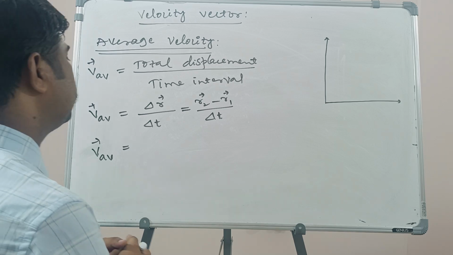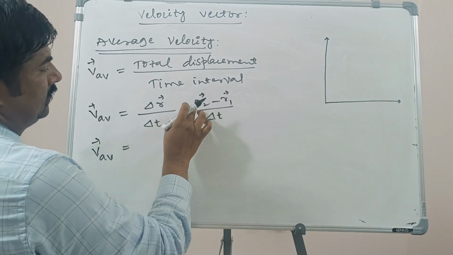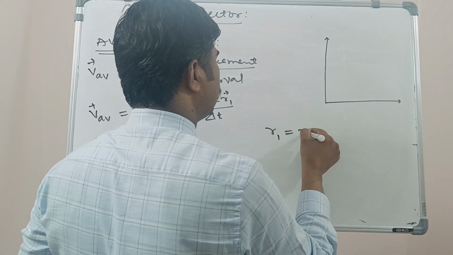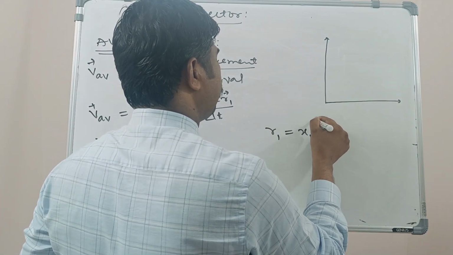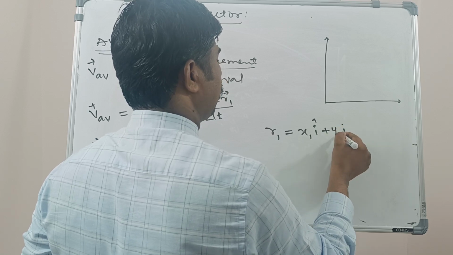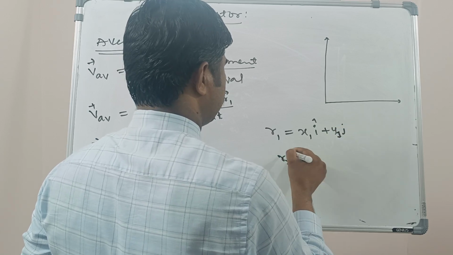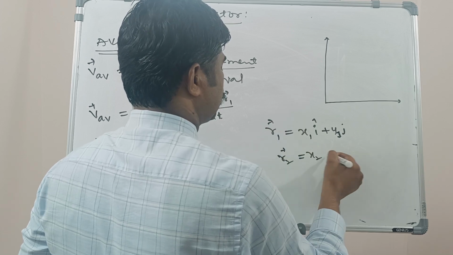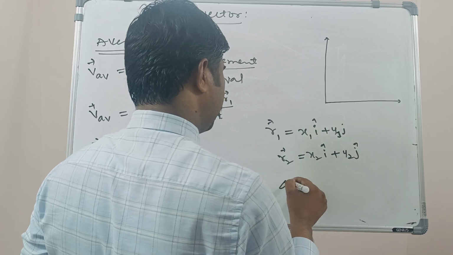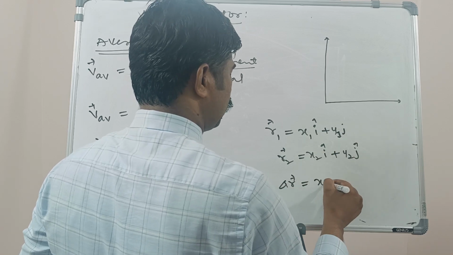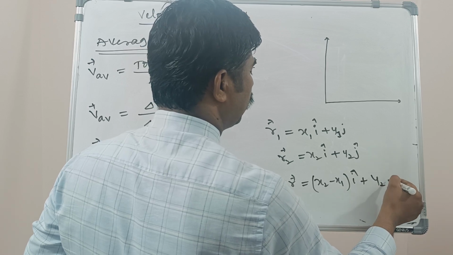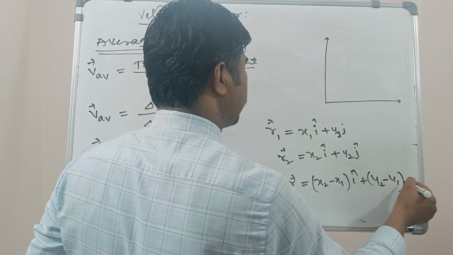Yes. We have r1 equal to x1 i cap plus y1 j cap, and r2 equal to x2 i cap plus y2 j cap, and delta r is equal to (x2 minus x1) i cap plus (y2 minus y1) j cap.